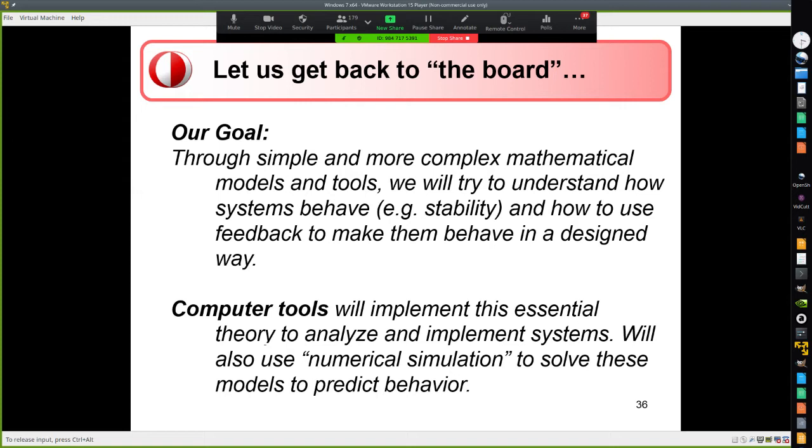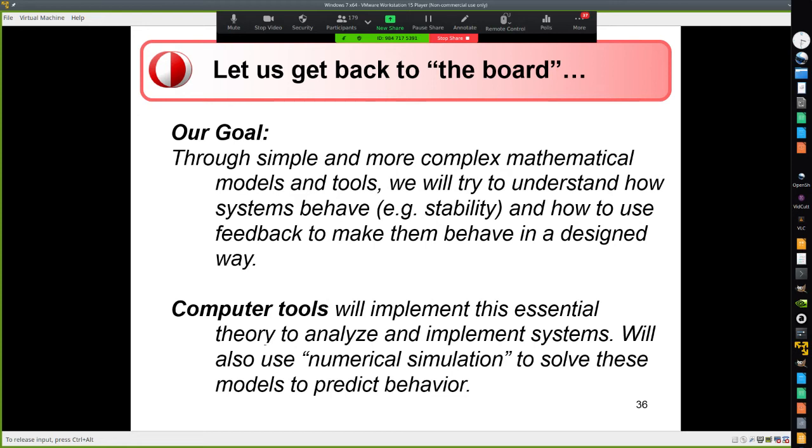We will also use computer tools in order to implement these theoretical concepts, to make them work, both to implement control systems, and we will also use numerical simulations in order to solve the mathematical models and understand the behavior of such systems. As an example, think about the PSpice program for an electrical circuit: you use these simulation tools to solve the underlying differential equations in order to know about the voltages and currents.